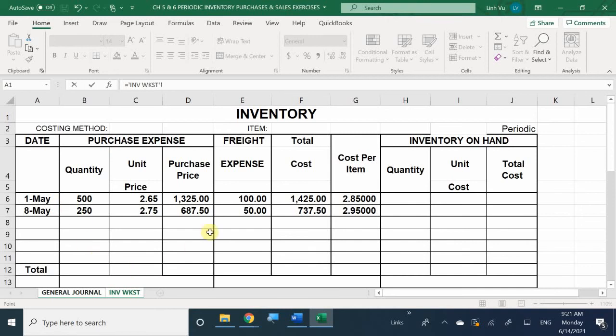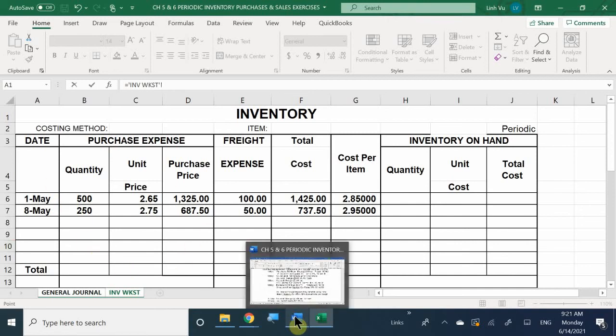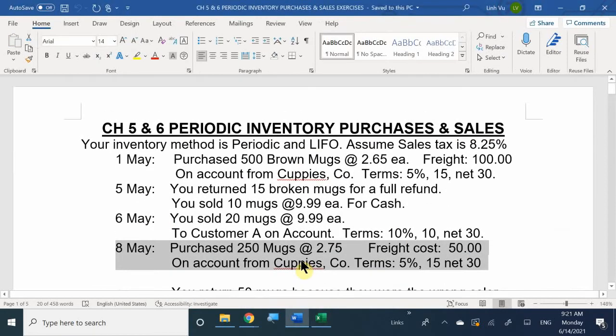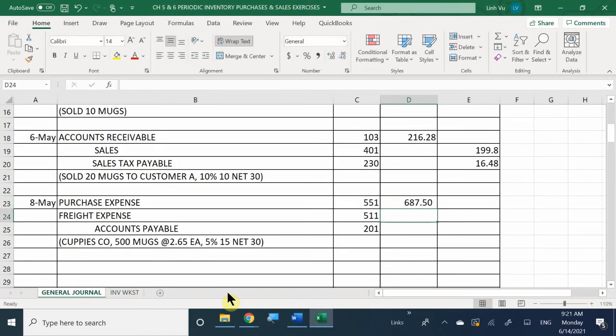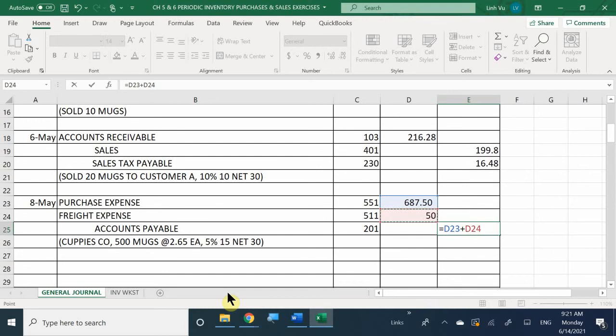So I forgot. What did we purchase? 250 mugs. Oh, okay. So that came to $687.50. Good. Plus the $50 in freight. $737.50.